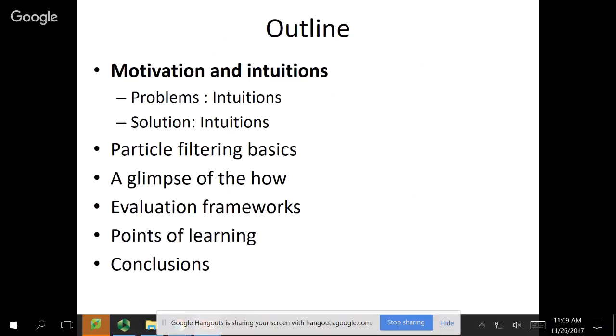This talk will serve as a useful foundation for my next talk, which will really get into the nitty-gritty of how particle filtering works. So if you wish to perform particle filtering and you really want to grok deeply, how does this work? Why does it work? Why is it we carry these particles around with these weights associated with them? Why is it that the weight is updated in a certain fashion when we see an observation?